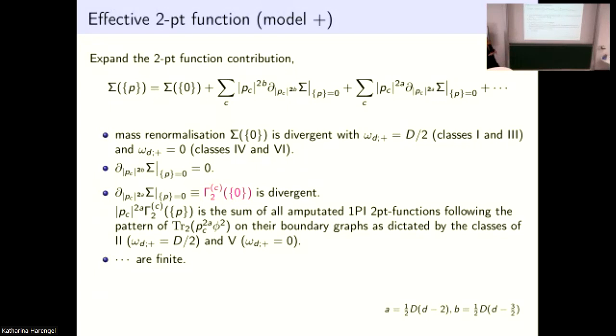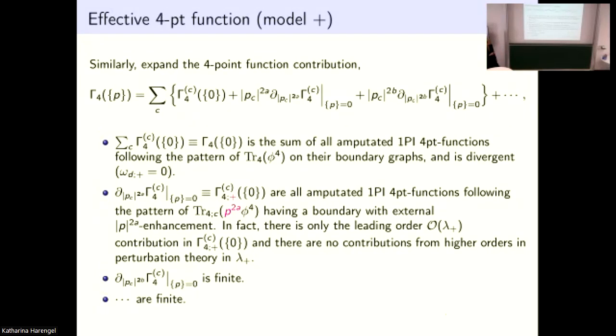But d/2 is smaller than 2b, so this term is actually not there, in fact. And then this one is divergent, again dictated by class 2 and 5. And the rest are finite. So this all comes from the table that I showed you.